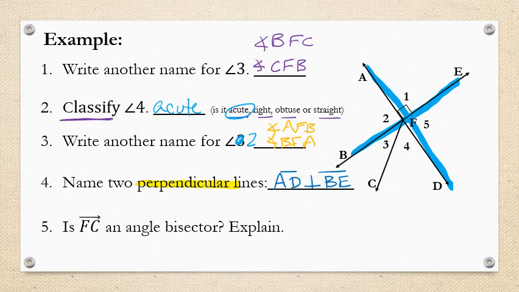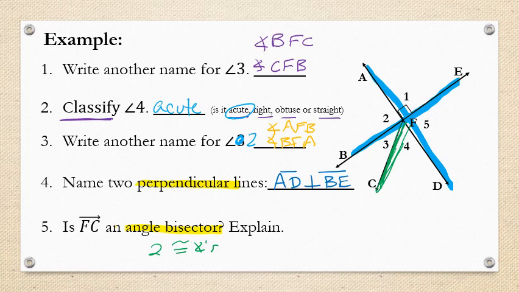All right, again, number 5: is ray FC an angle bisector? Again, I see an important vocabulary word, angle bisector, and I have to think about what that means. Bisector forms two congruent angles. I'm looking at my picture, and FC does form angle 3 and angle 4.